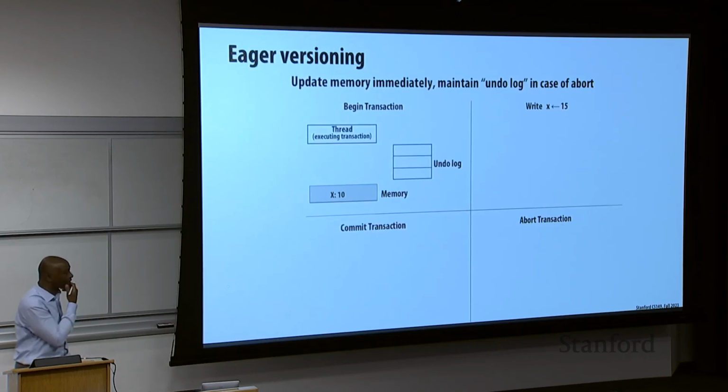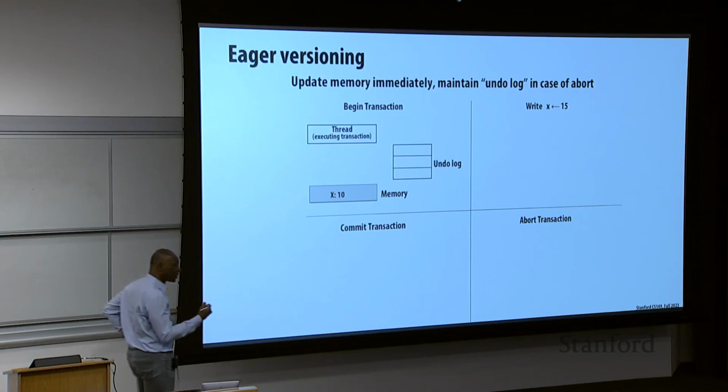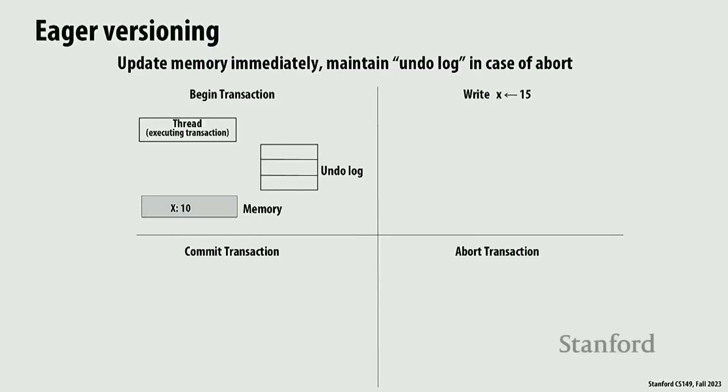First, eager versioning, right? It's called eager because you update memory as early as possible. Now, memory in this case could be the cache, right? And as we said, the key element of the eager versioning scheme is an undo log, because we need some way of undoing the data updates that we've made in an eager manner, right?